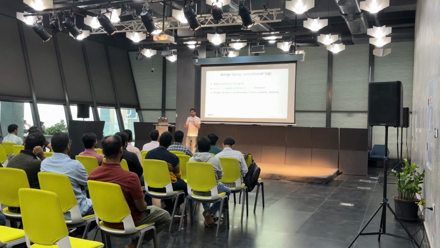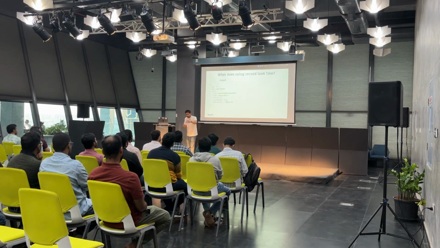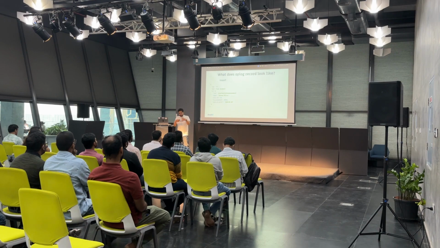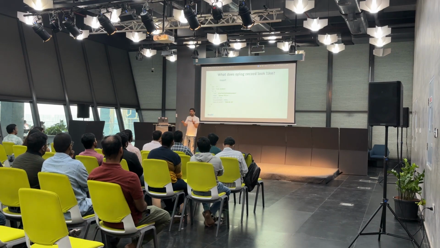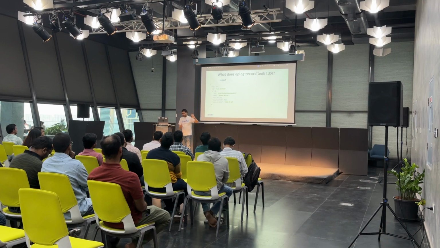Perfect. Now, how do we hook on to that? Our plan is we hook onto this oplog and figure out a way to convert it. But what does the oplog look like? Here is what an insert oplog looks like. I'm omitting a bunch of other fields so you can concentrate on the important ones.